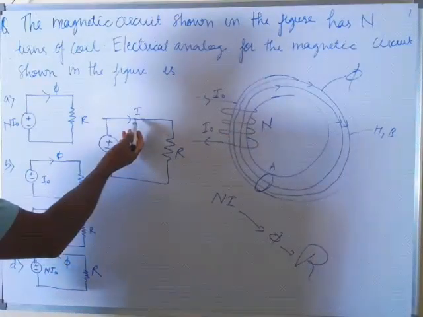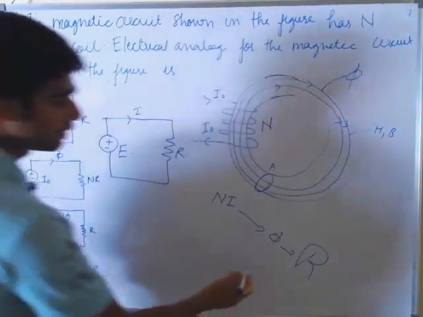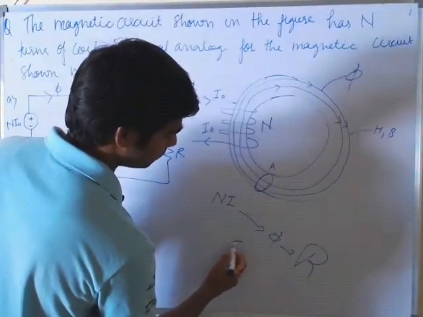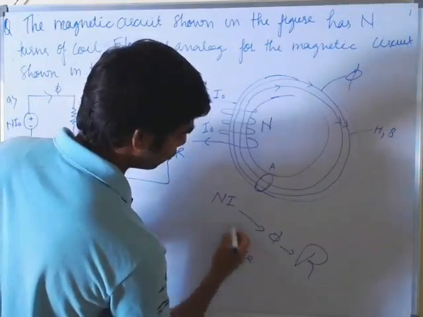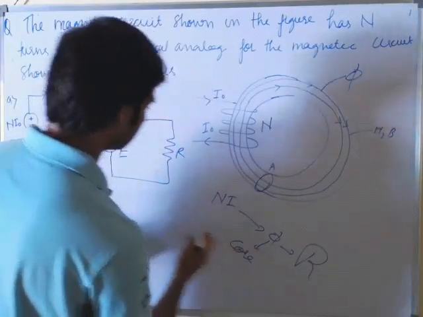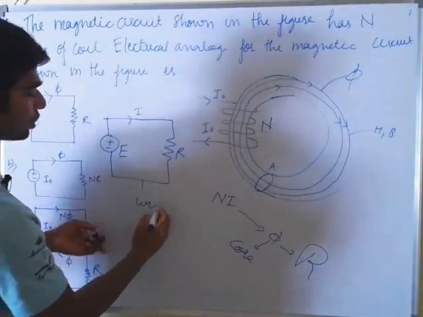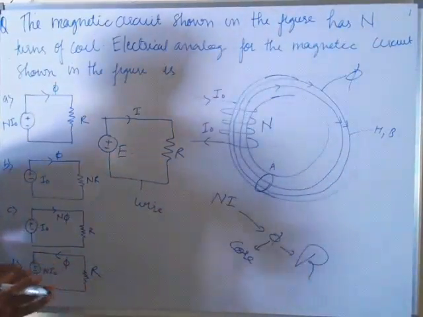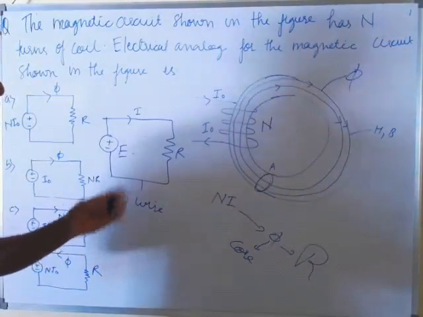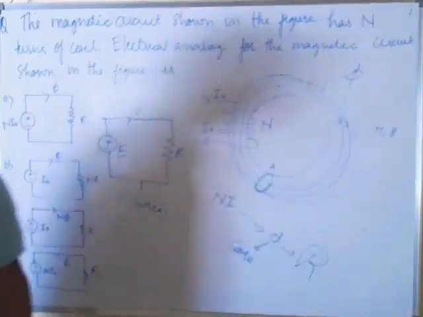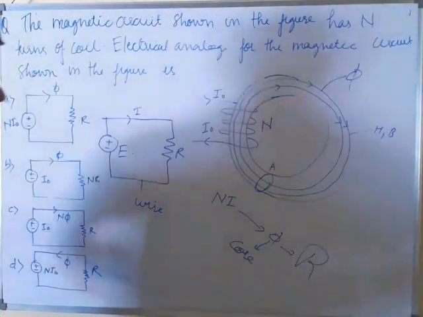In an electrical circuit, we use wire for the flow of current. So this was the required information to draw the electrical analog of the magnetic circuit.